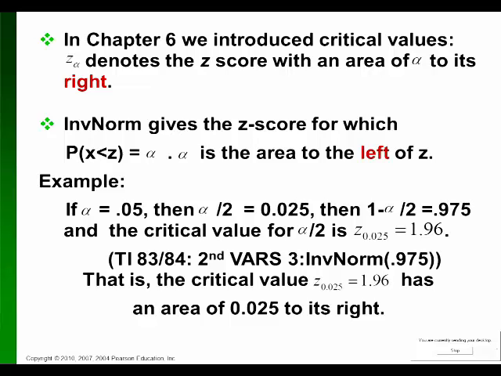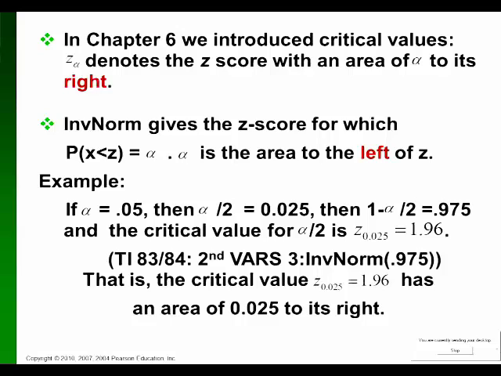And that's why in Chapter 6, we had a problem that said, find z sub 0.02. We didn't type in inverse norm 0.02. We typed in inverse norm 0.98. The alpha is giving you the area to the right. So 1 minus alpha is the area to the left. And that's what you have to type in for inverse norm.